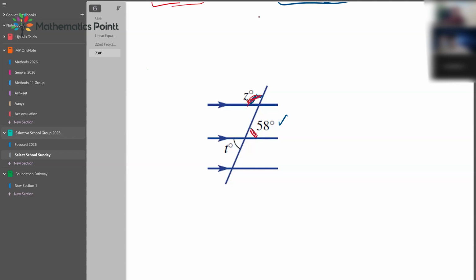All of you told me 58, 58, including people who think themselves to be pro here. No. And for God's sake, look at the angle. That's an obtuse angle. How on earth can it be 58? It should be over 90.